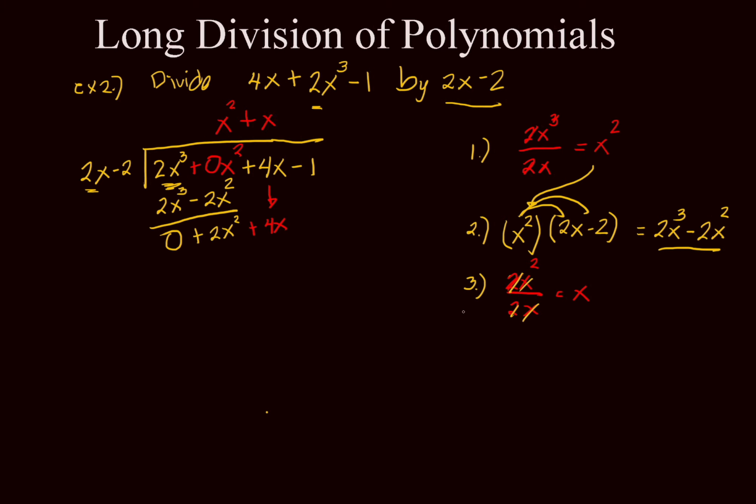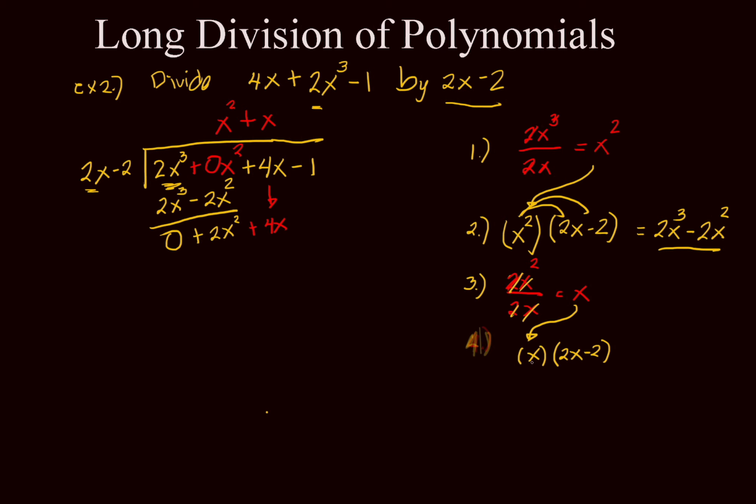Now for step number 4, we are going to use that x and multiply it to our 2x minus 2.